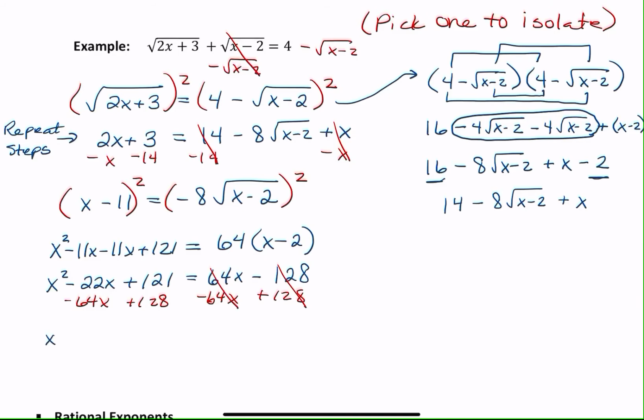So I've got x squared minus 86x plus 249 equals 0.